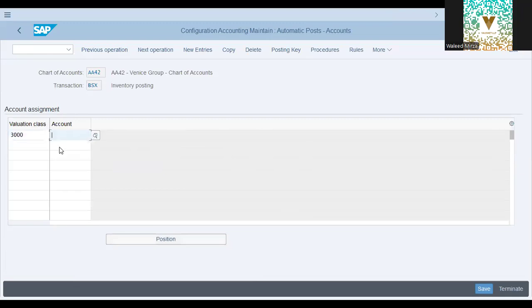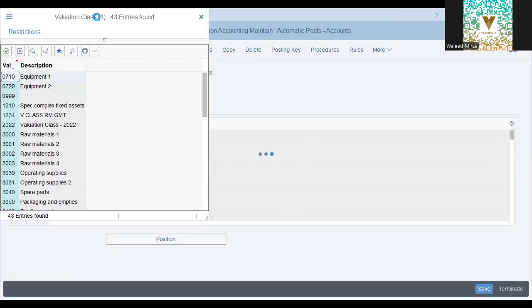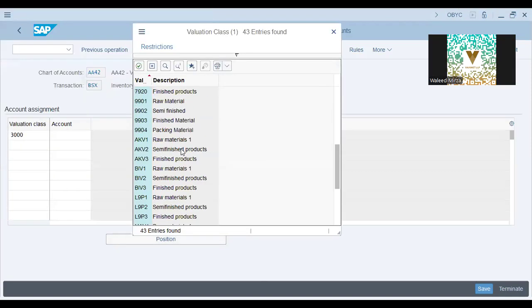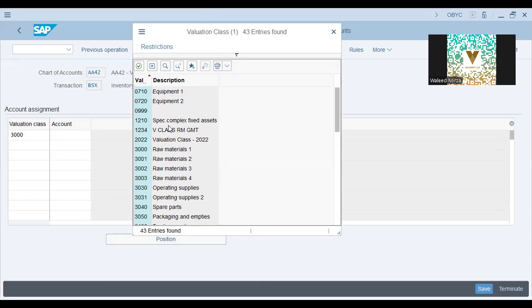For 3000, that is raw material, I believe. Finished goods is 9903. So we'll take raw material 3000.